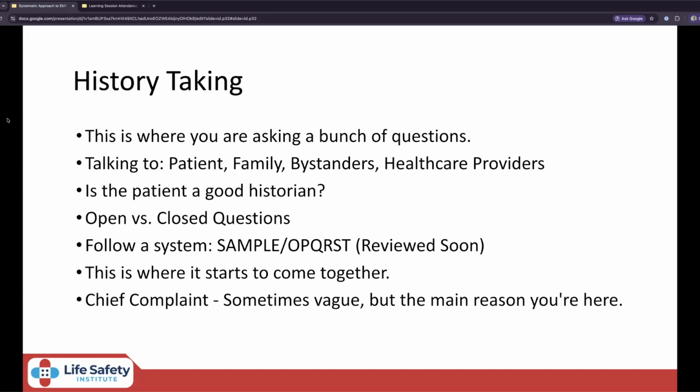So the chief complaint, oftentimes it can hopefully be pretty clear, but in the cases when it's vague, just do your best. I'll typically go with the event, or I'll try to go with the most severe complaint, right? So if it's a motor vehicle accident, sometimes I'll go with that. If their complaints are, well, I have some bruising and I'm nauseous, I may go with the motor vehicle complaint.